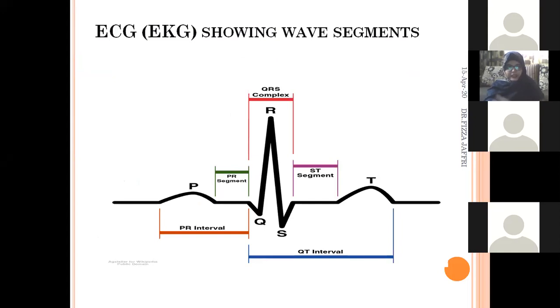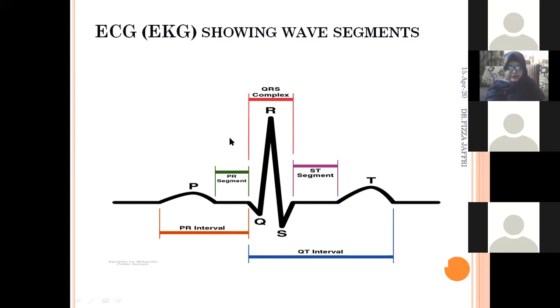When the conduction occurs from the SA node to the AV node, bundle of His, Purkinje fibers and the ventricles, an action potential is generated. The action potential develops wave segments on the ECG, such as the P wave. Here we don't go into detail of the ECG, okay?